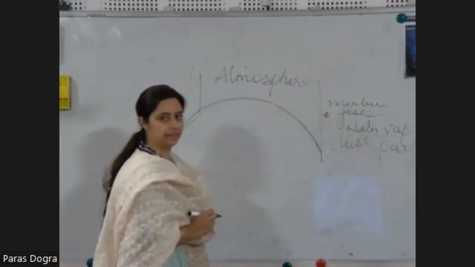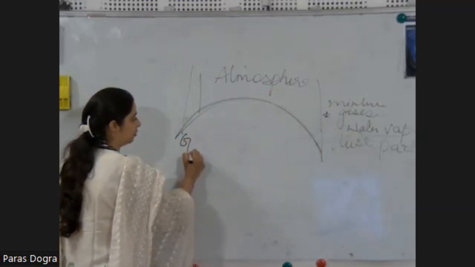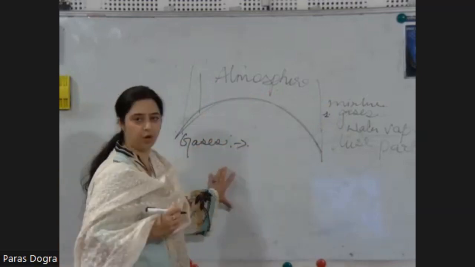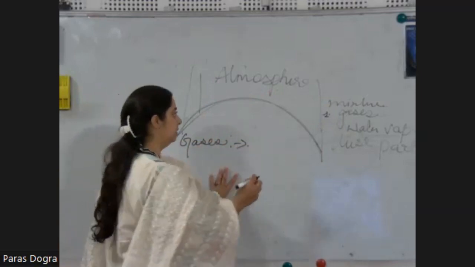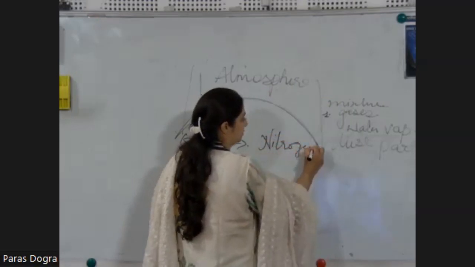If we talk about the gases, what are the main important gases which make up the atmosphere? These gases are nitrogen and oxygen.